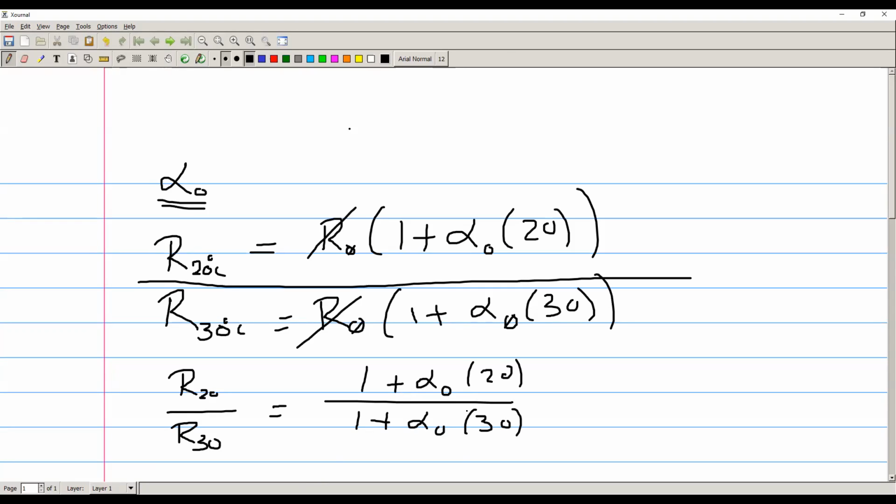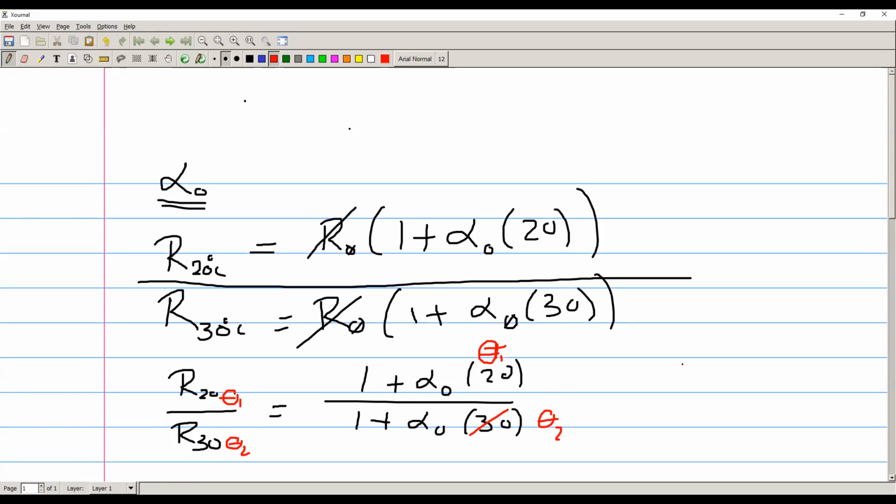If you take it in a general form, this 20 here will just be T1, or theta 1, because he's using theta here, and this is theta 2. And this will be R theta 1, and this will be R theta 2.